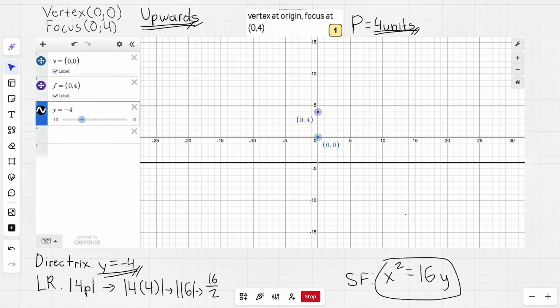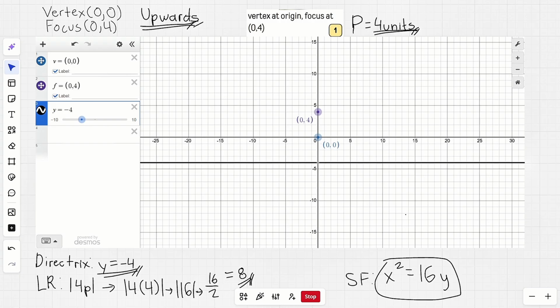Now, we divide the 16 by 2. Why? Because the focus is its midpoint, so the length must be shared equally to both sides. So 16 divided by 2 equals 8. Now let's try to get our latus rectum. We're going to count from the focus 8 times to the left and right.